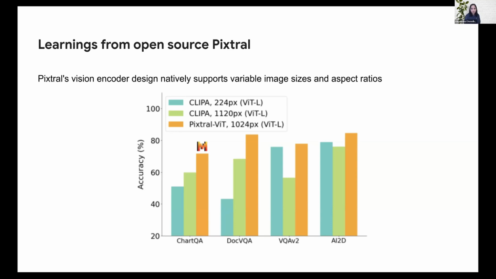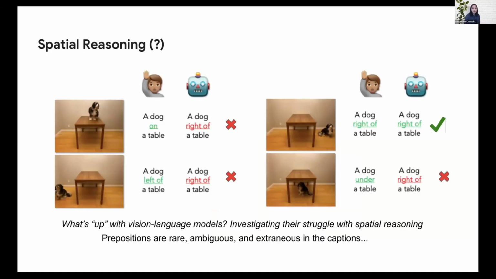Another example, in analyzing documents and answering questions over documents, again gives a big boost. In visual question answering over general benchmarks, you get very similar performance, and in another benchmark, AI2D, you get similar performance, but where it matters that you need to have variable image sizes, it really makes a difference. So that gives you some sense of what these models might be doing.